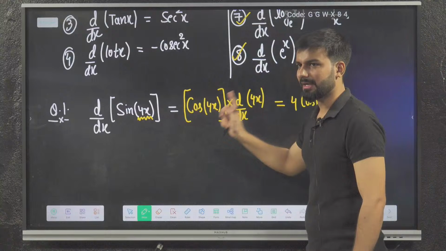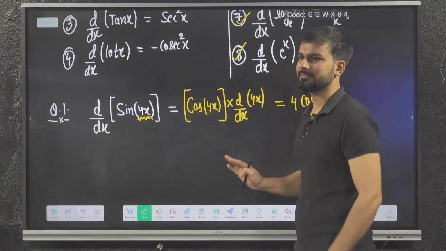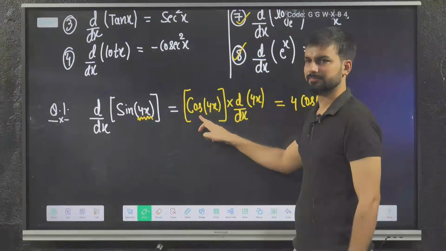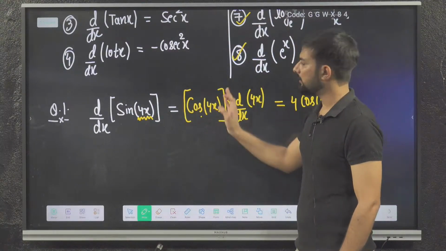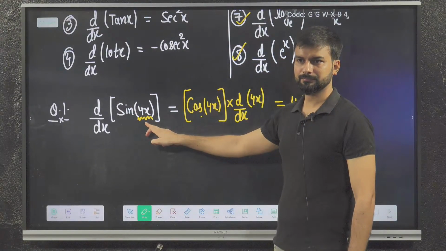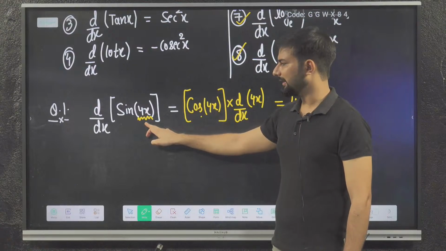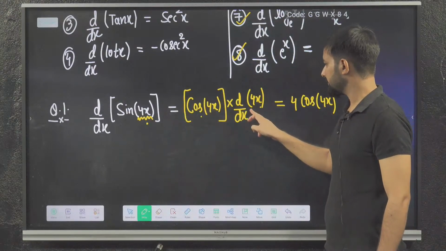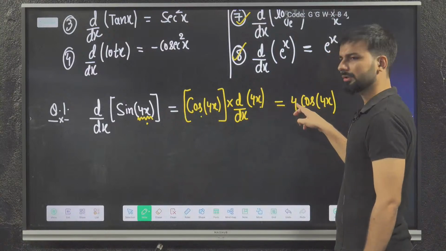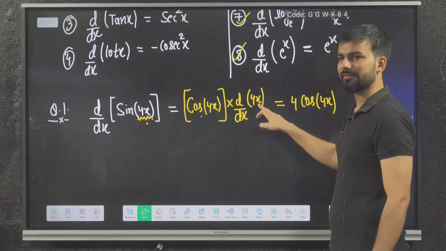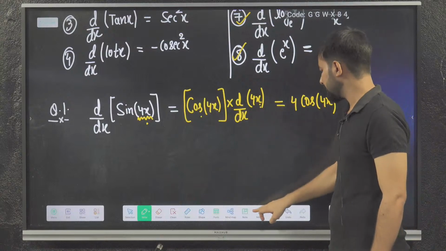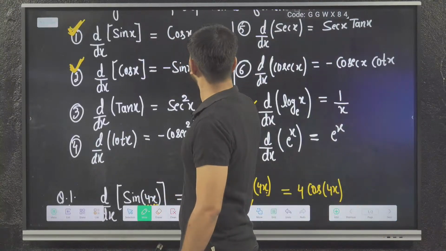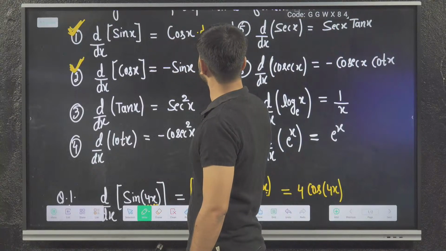What I did, first step, again I am repeating, I will ask more problems so don't worry: differentiation of sine is cos. Next step, check the angle. Since the angle here is 4x, re-differentiate 4x, 4 came out, and the differentiation of x is 1. Now somebody can say, sir, I can do the same step here, d by dx of sine x.